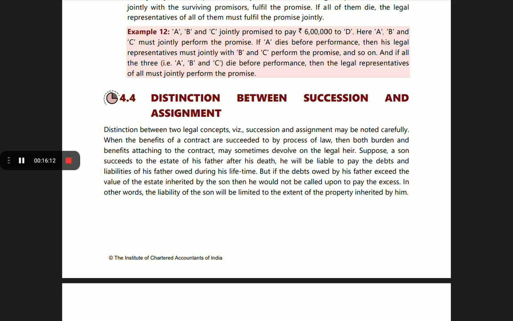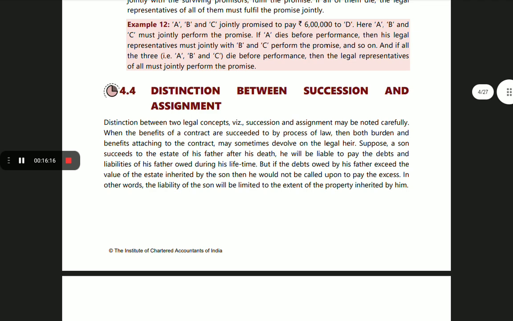But if the debts owed by his father exceed the value of the estate inherited by the son, then he would not be called upon to pay the excess. In other words, the liability of the son will be limited to the extent of the property inherited by him.